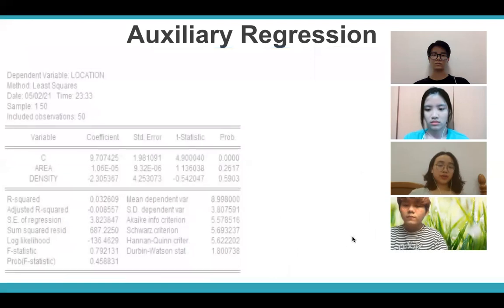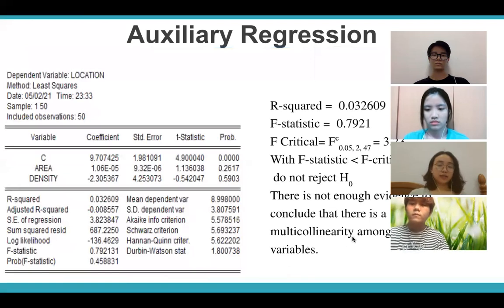For location, the F statistic is equal to 0.7921, and the F critical at the 5% level of significance is 3.23. Therefore, the F statistic is smaller than the F critical, so we do not reject H0. There is not enough evidence to conclude that there is multicollinearity among independent variables.